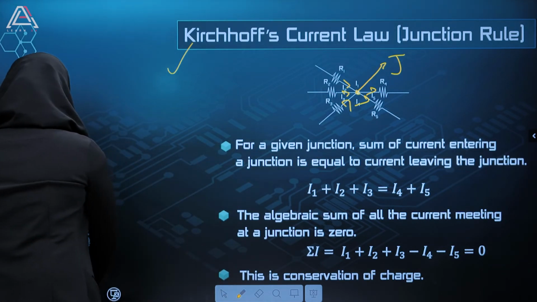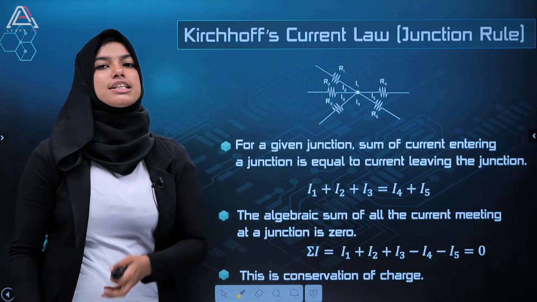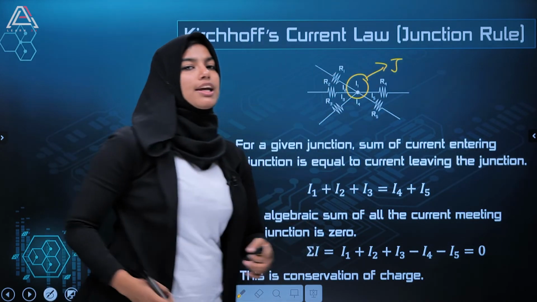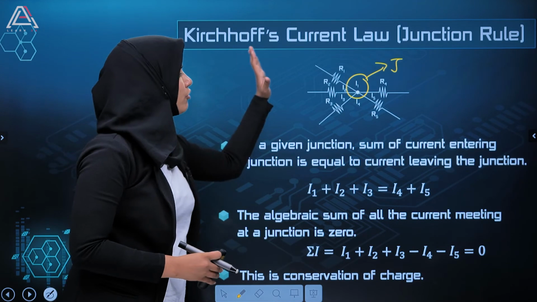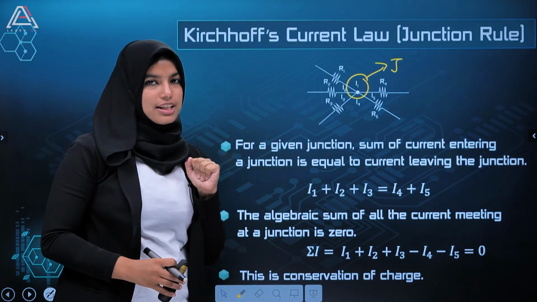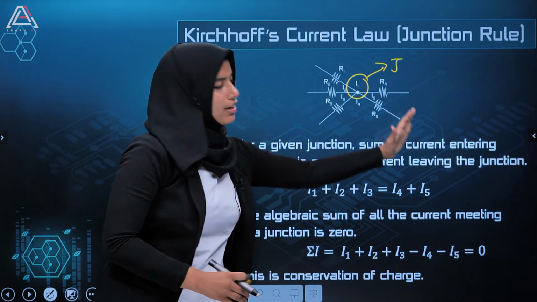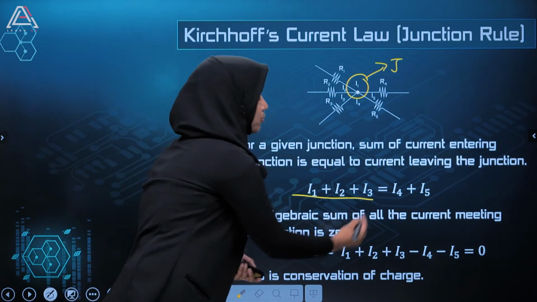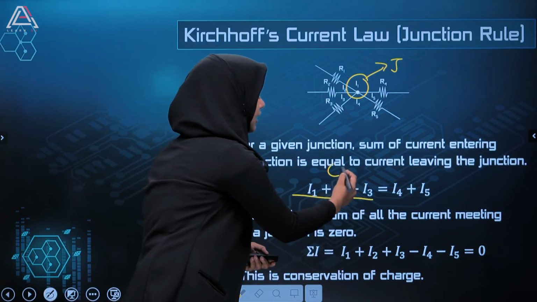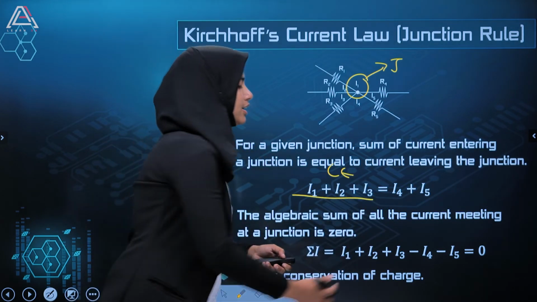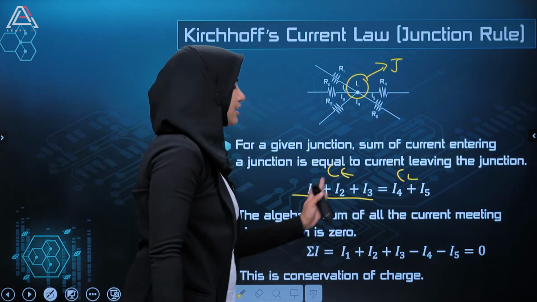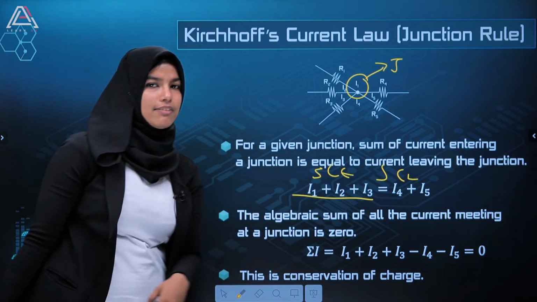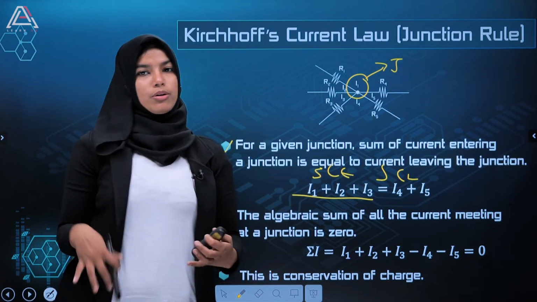Then according to Kirchhoff's junction rule, the sum of current entering the junction is equal to the sum of current leaving the junction. So here I1 plus I2 plus I3 is the current entering, and I4 and I5 are the current leaving. So that is the first rule.